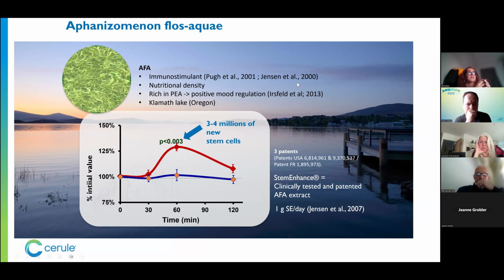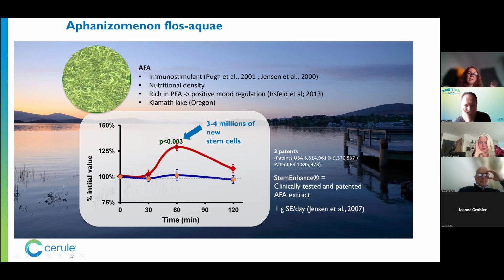We know that there is a specific mechanism of action. In fact, Stemness will inhibit L-selectin. L-selectin is responsible for maintaining stem cells in the bone marrow. So if we inhibit L-selectin, there will be a higher release of stem cells in circulation.